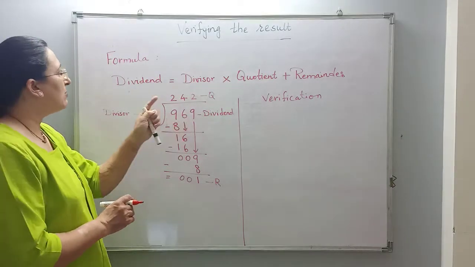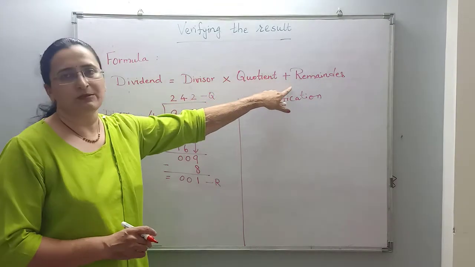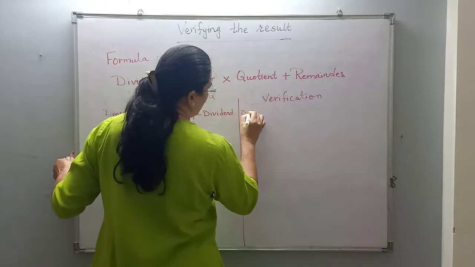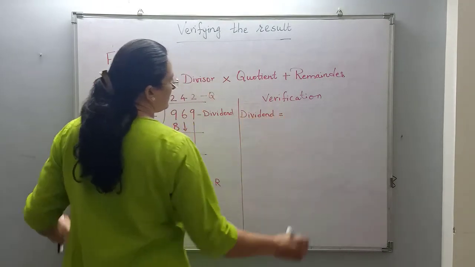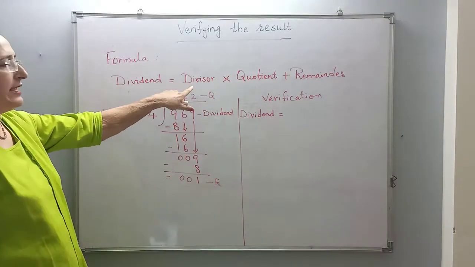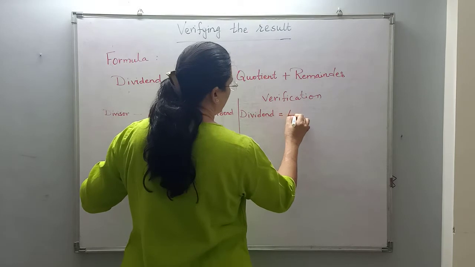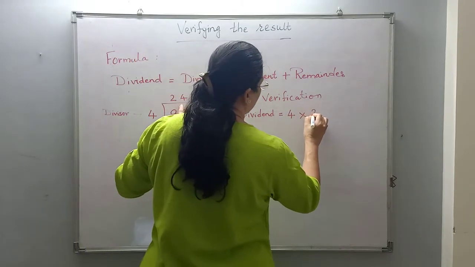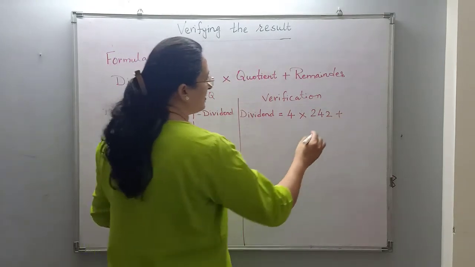Alright, so now dividend is equal to divisor multiplied by quotient plus remainder. According to the formula, divisor 4 multiplied by quotient, that is 242, plus the remainder, that is 1.